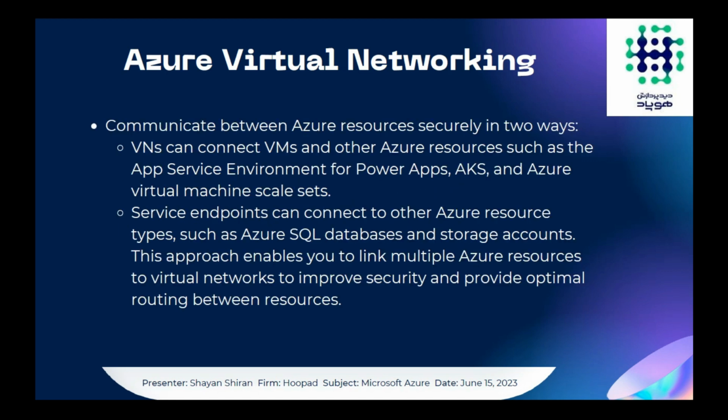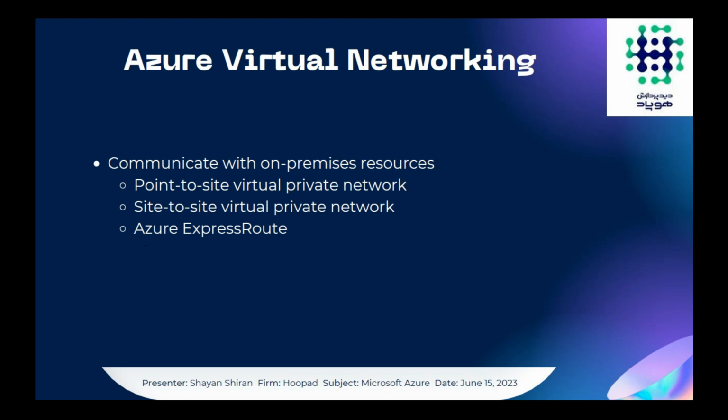And we can also communicate with on-premises resources in these three ways. Point-to-site virtual private network. It's the definition for point-to-site VPNs.